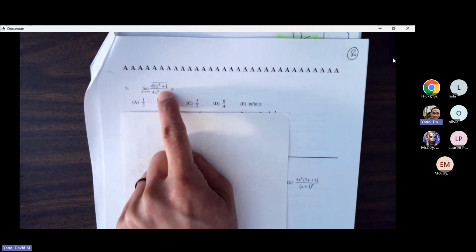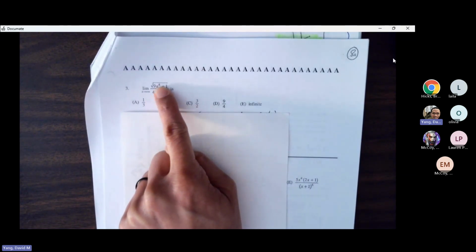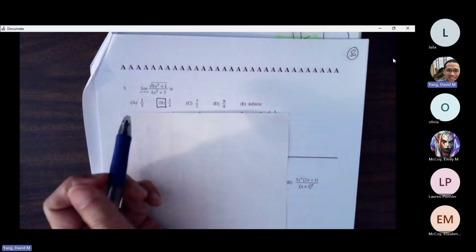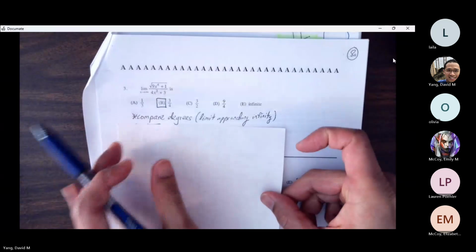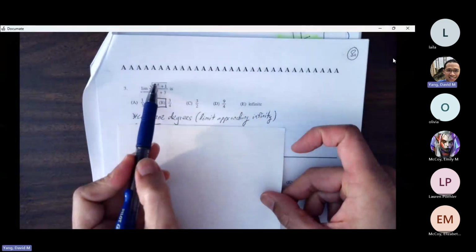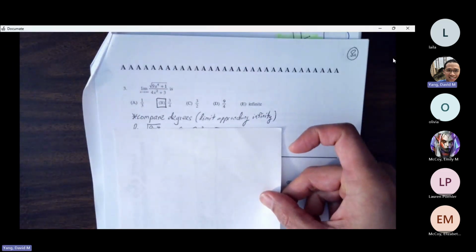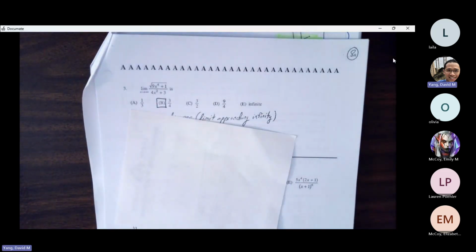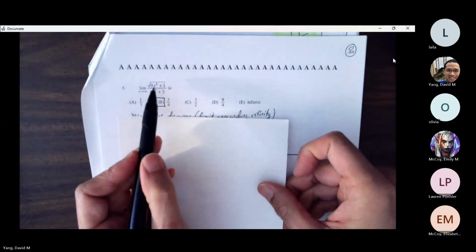We could go through L'Hopital's rule, but I find it easier if we're approaching infinity just to compare degrees and then use what we find from comparing degrees to determine what the limit is. So here we're comparing degrees between numerator and denominator. The highest degree that we see is x to the 4th. However, that x to the 4th in the numerator is under the square root. So really the overall degree is x squared.